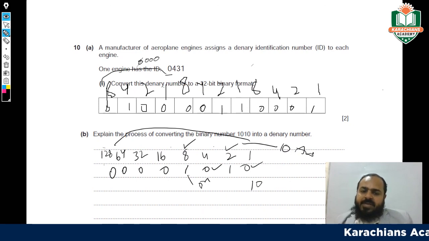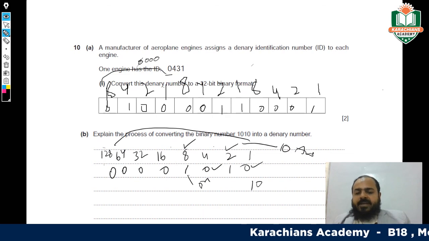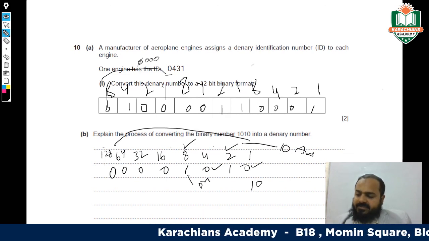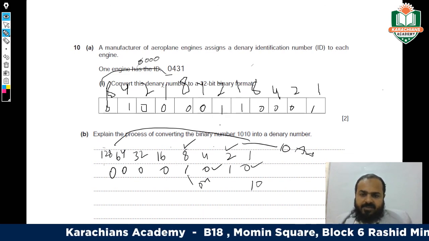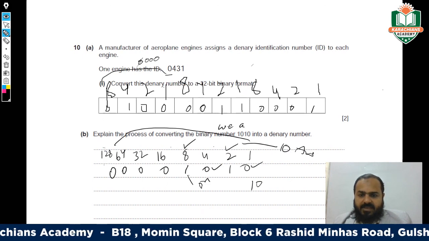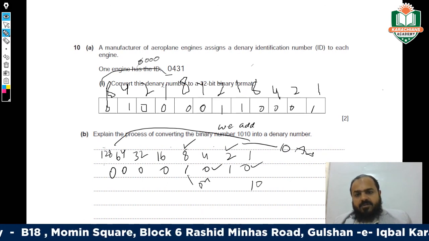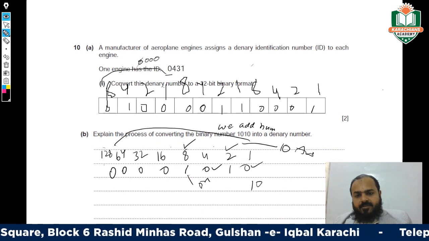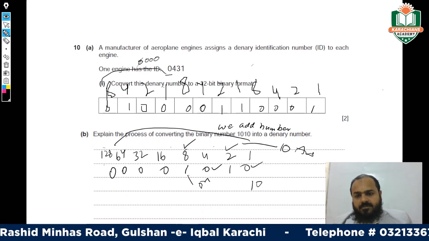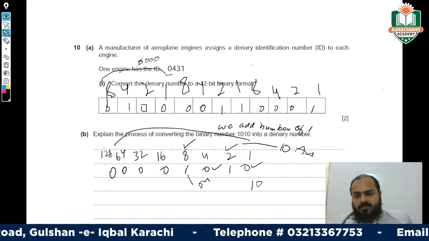This is a method. You add 2 bits, 8 plus 2, you can write in words like that.